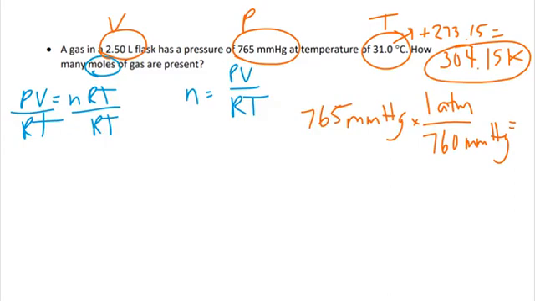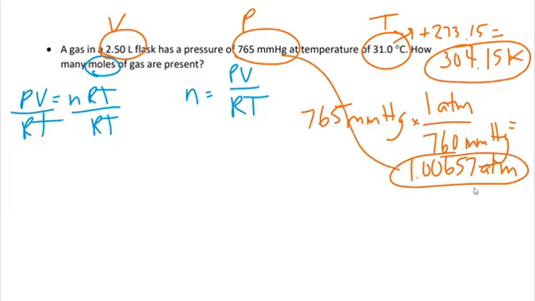So if we do that math, we should get just over 1. And I got 1.00657. I'm not going to round yet until I get to the very end. So there's my pressure. Whew, okay. Now we can plug it in.